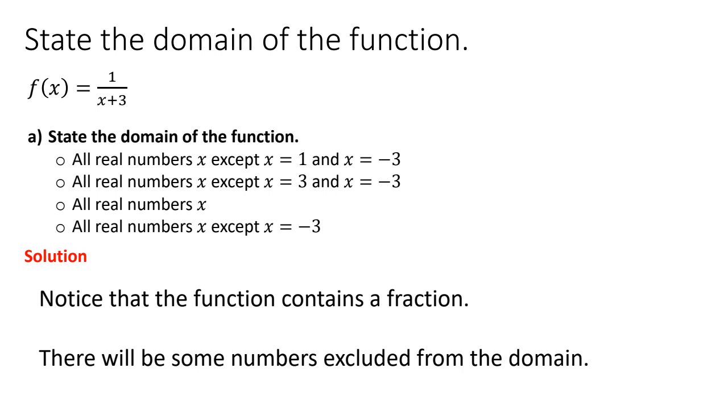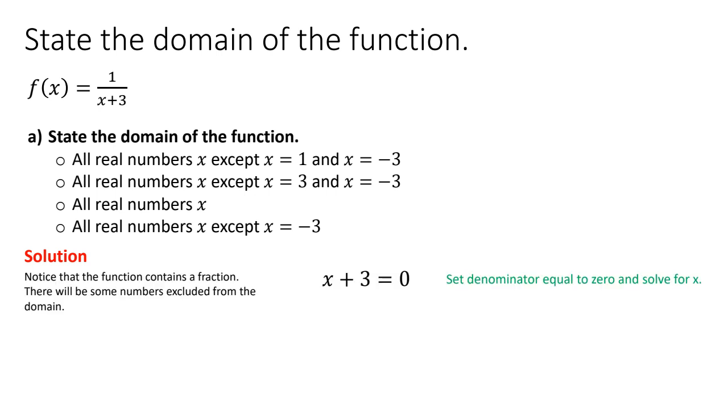So again, if you don't see it, we would set the denominator equal to 0, x plus 3 equals 0, subtract 3 on both sides, and we would see that x is equal to negative 3. Or some of us would see it, that if x was negative 3, negative 3 plus 3 would produce a 0. So on this particular function, we can use all x values for the function except for negative 3.